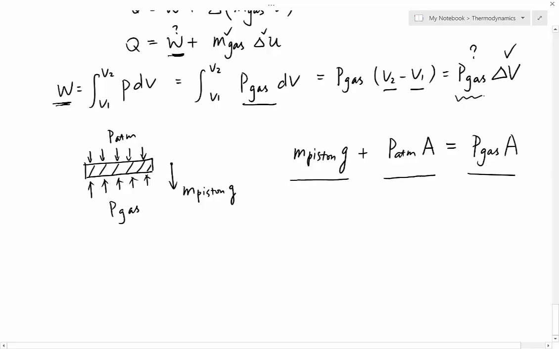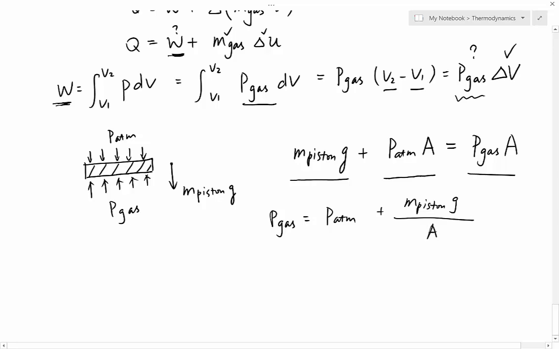We're looking for pressure of the gas. So we do algebra. We move pressure of the gas alone to the left-hand side, and then everything else to the other side. So what we have is PATM plus mass of the piston multiplied by g divided by A.